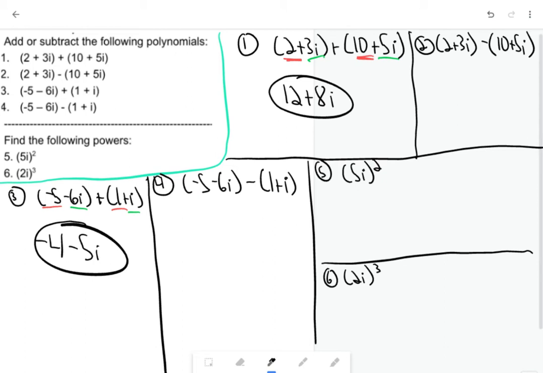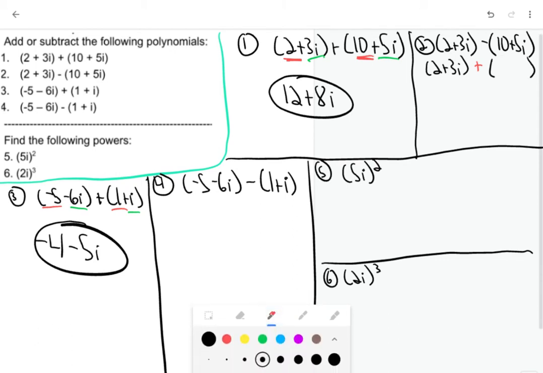The subtracting ones, we'd have to do that keep, change, or keep, flip, change, KFC. So for number 2, remember, we keep the first one the same. We change subtraction to addition. And then we change the signs in the second one. So 10 becomes -10, and positive 5i becomes minus 5i.